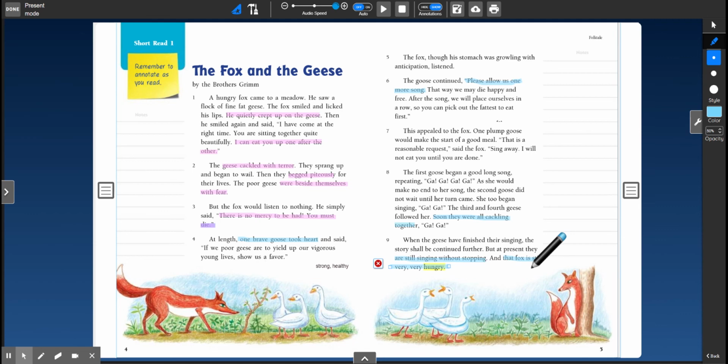So the problem is the fox wants to eat the geese, and the solution is that they sing a song to avoid being eaten, right? Because one of the clever geese came up with it. So make sure that you include those parts in your summary. So it just should be about 1 or 2 sentences.